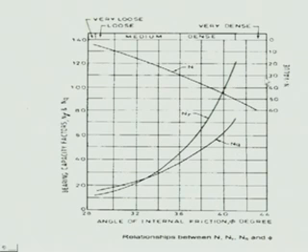Let us say the corrected N value is 20. Then the corresponding phi will be between 32 to 34 degrees, around 33 degrees. Now, from the N value it can be seen that the sand can be classified as very loose, medium, dense or very dense.